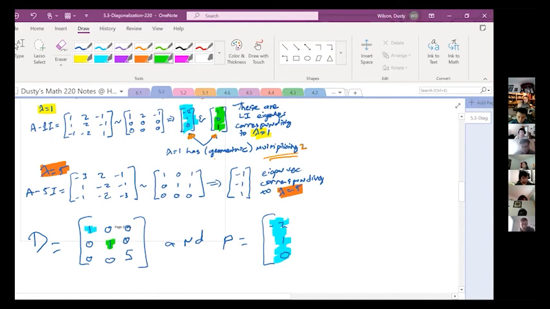Yeah, the 2s and the 1s are the eigenvalues. That's exactly right. 1, 0, 1. Okay. And the 5, maybe another color. I guess I could use orange here. Something like that.